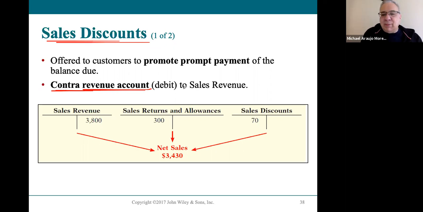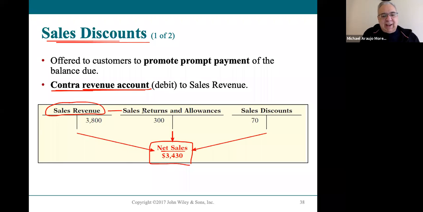Okay, and that's important to know because what you'll see on the income statements of merchandisers is not this whole thing. You won't see sales revenue minus sales returns and allowances minus sales discount. You will see basically net sales will be the first line on the income statement for many retailers. So to understand what they mean by net sales, they have gone through this process. They started with how much they actually sold to customers. That's their sales revenue.